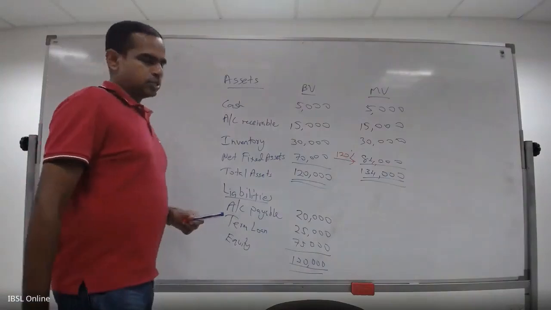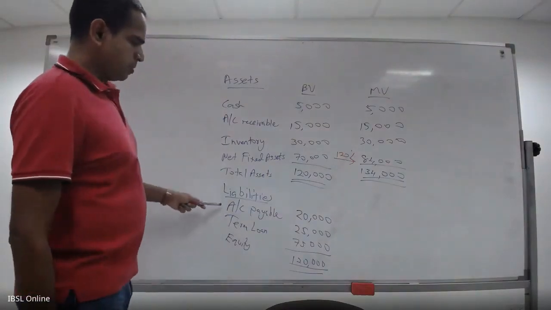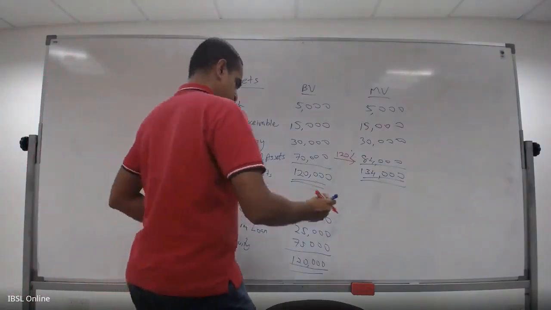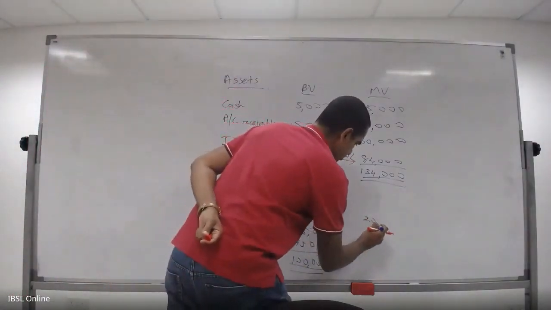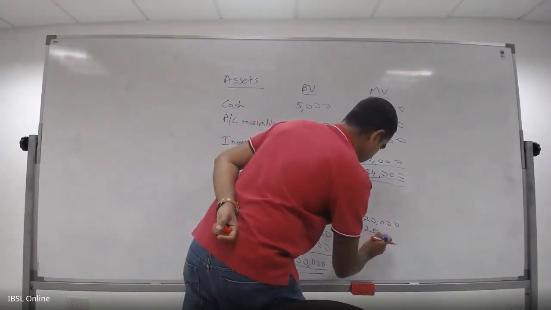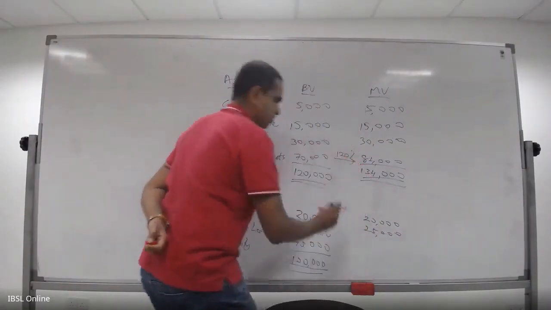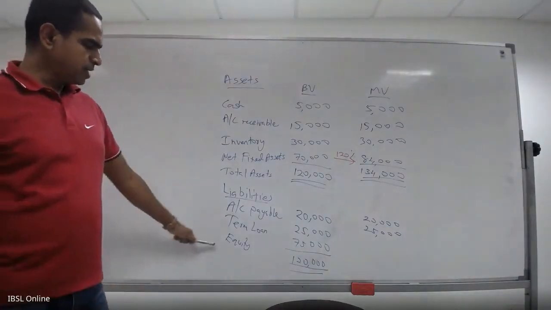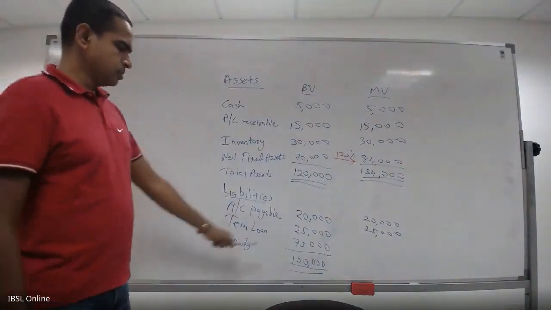Then it doesn't mention anything about the market value of accounts payable and term loans being different. So let's put them down as they are. 20,000 accounts payable, term loan of 25,000. Now for the balance sheet to tally, the only variable that can change is equity, right? It's now 75,000.